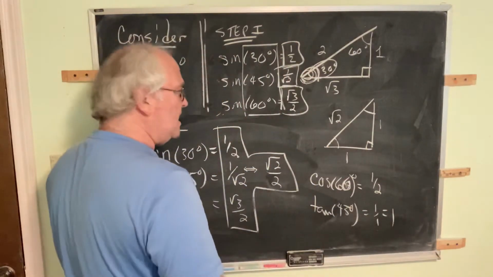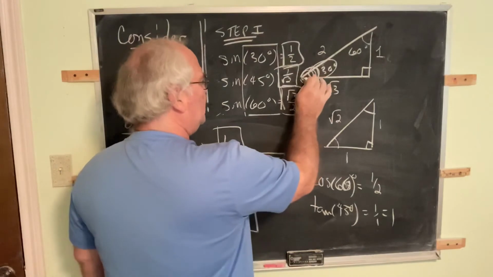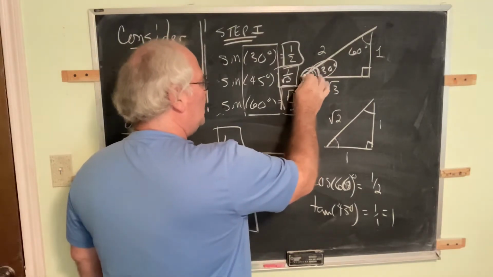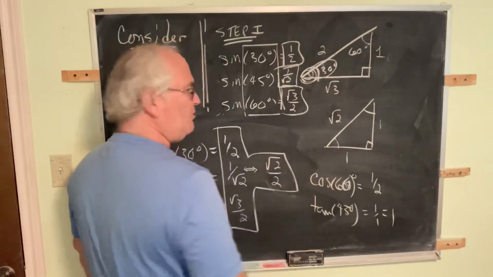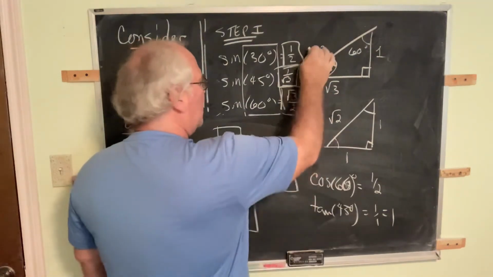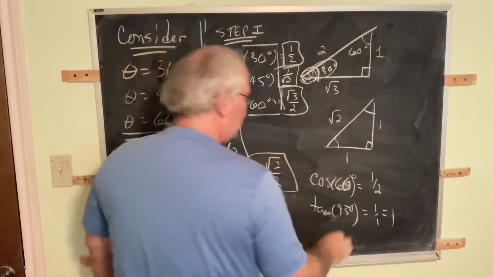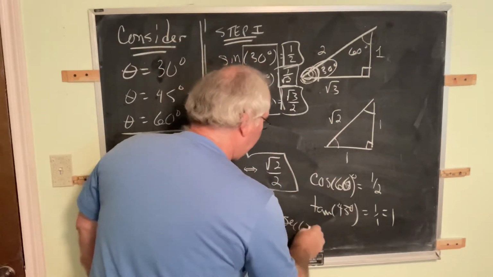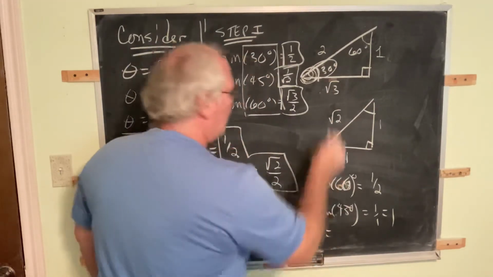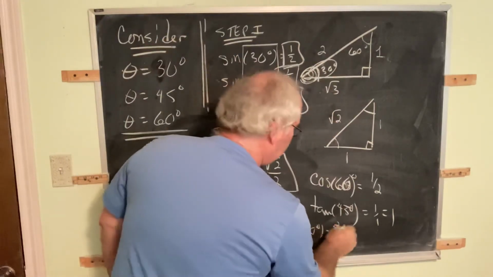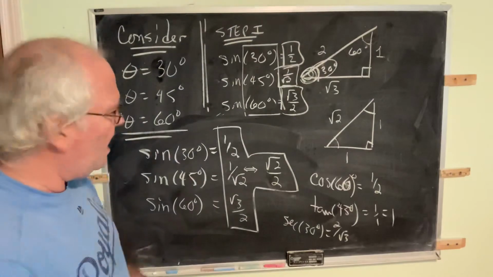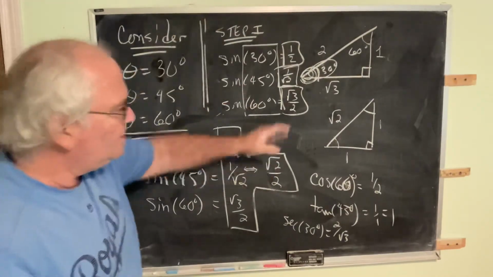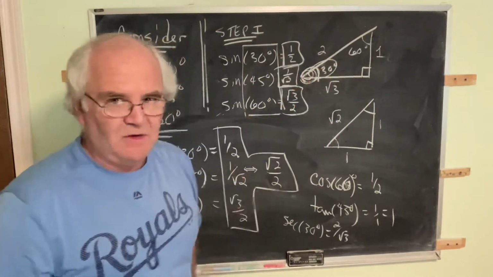What is secant of 30 degrees? Secant is hypotenuse over adjacent, because it's the reciprocal of cosine. So that's 2 over the square root of 3.